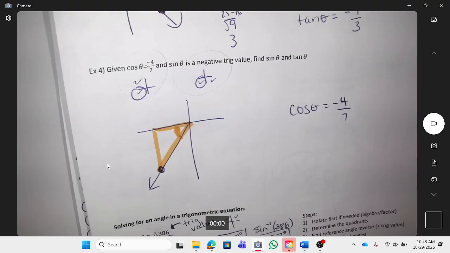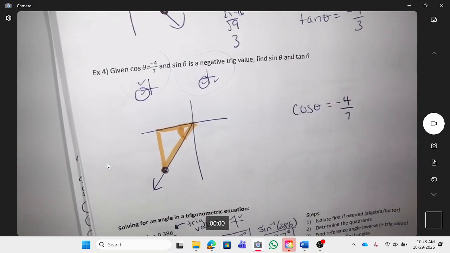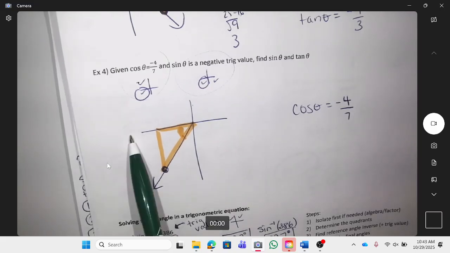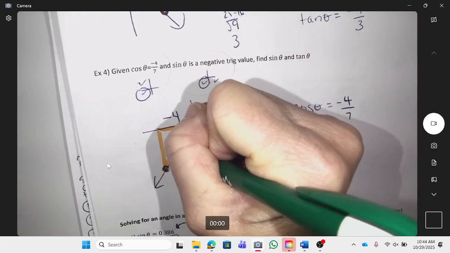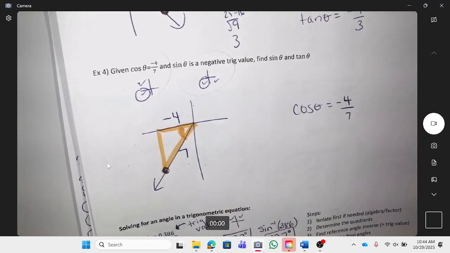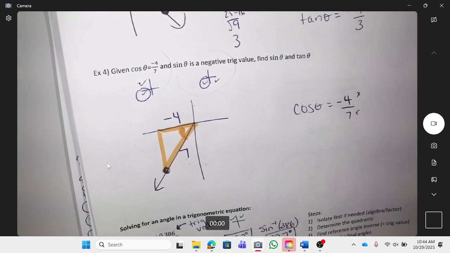Okay, so I was told the cos. So out of these 3 walls, there's a wall that has a -4 on it and a wall that will have a 7 on it. So figure that out. Where would you put the -4 and where are you going to put the 7 according to the ratios? Okay, so I was going with the X and R. So that's why I put them into the spots I did.